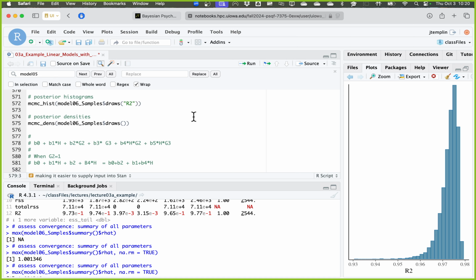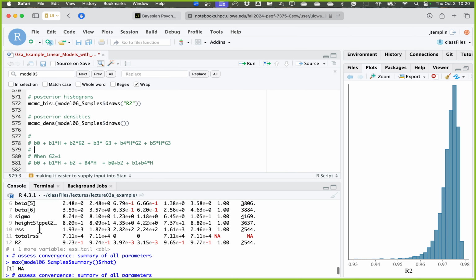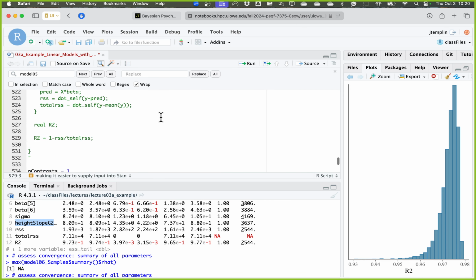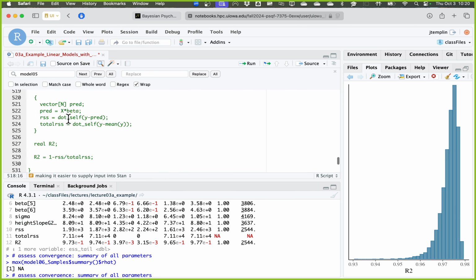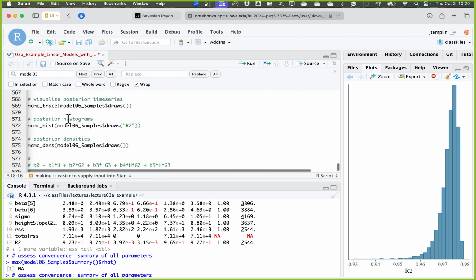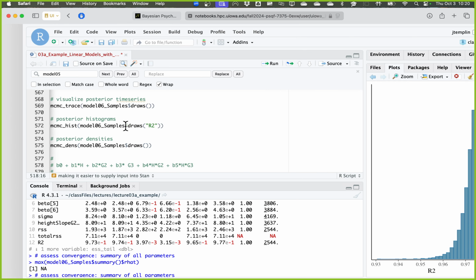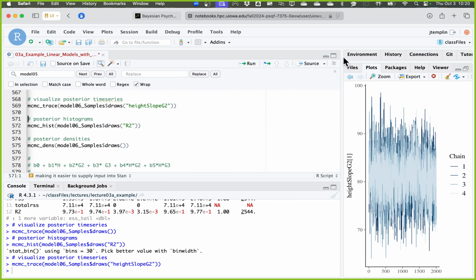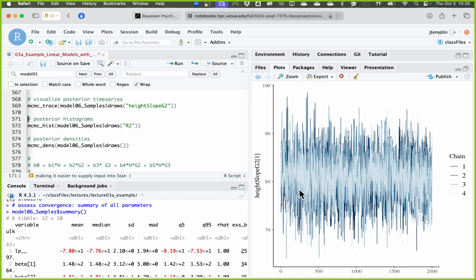All right. Similarly, let's take a look at this height slope right here. In fact, I need the name for it, so let me go grab that name. And let's take a look at its trace plot. So this is the value of the height slope for group 2 at every iteration. Remember, this was formed by taking the main effect of height and adding to it the interaction of group 2 by height.